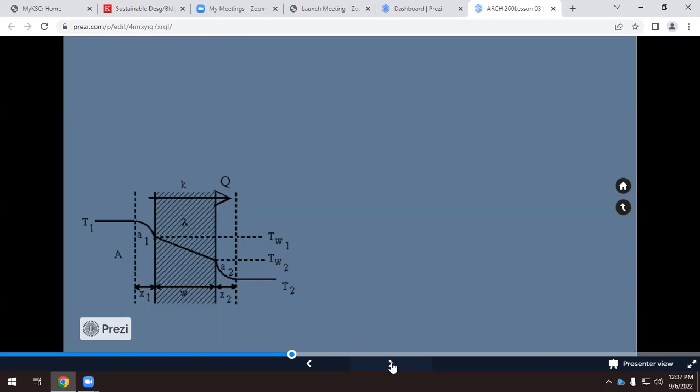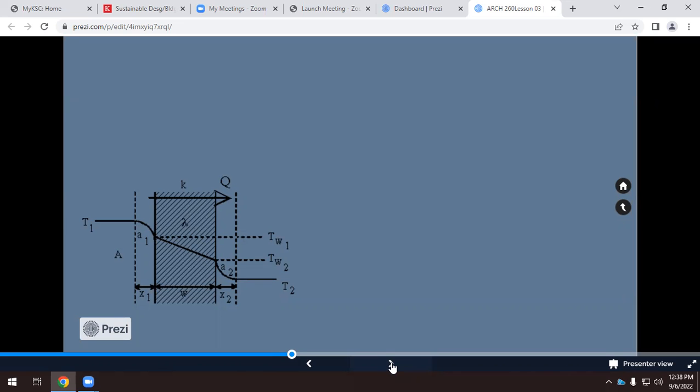Each layer has a different thermal resistance, a different thickness: W1, W2 and W3, thermal conductivity 1, 2 and 3. And then we have the 2 air layers. This is more difficult to understand because you don't see it, but there's something that adds a little thermal resistance to the wall due to the air inside and outside. So this is what we have here, okay?